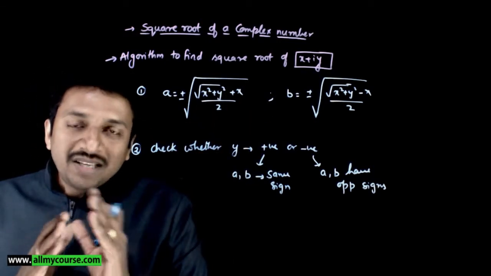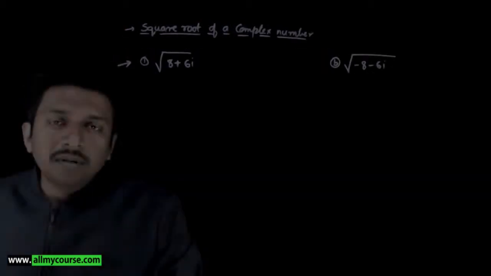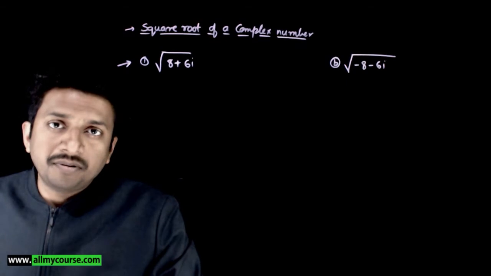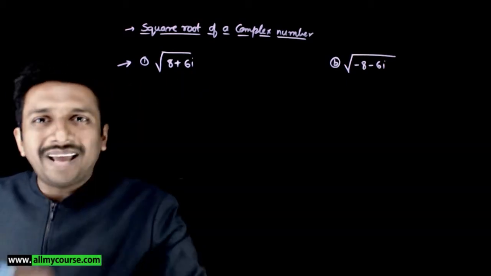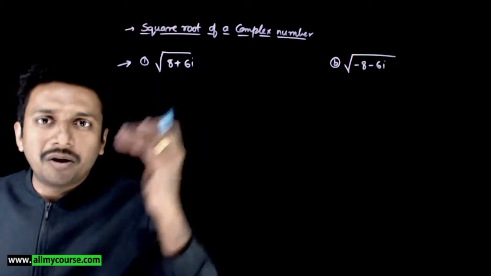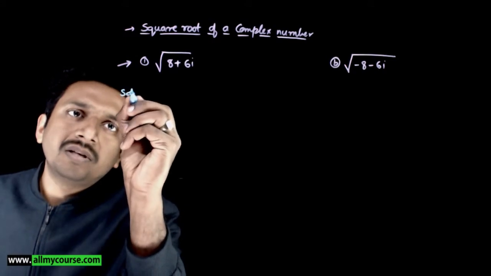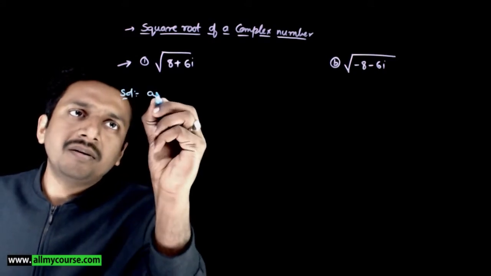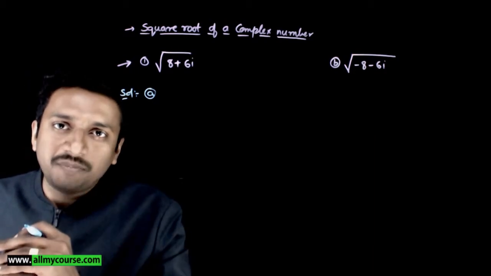So now let us take some examples and see how to apply this algorithm. So let us take a sample question. The first question is, you're asked to find the square root of 8 plus 6i. So let us try to use our algorithm to find the square root. The first step is to find two numbers a and b.